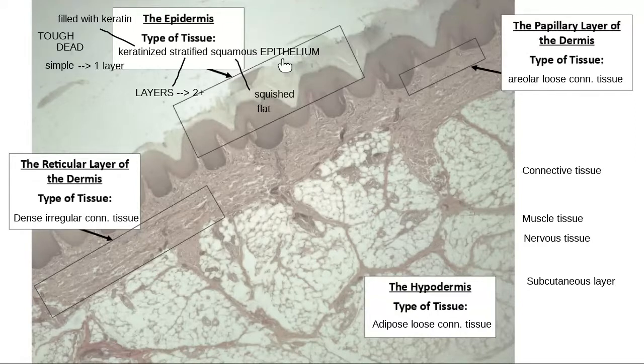Now that we have reviewed this, how do we feel about the four types of tissue in the skin? Thumbs up, thumbs down, cross-eyed? What do we think? Kira's got the cool glasses on. We're a little less excited than normal.